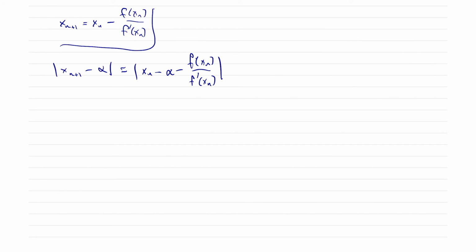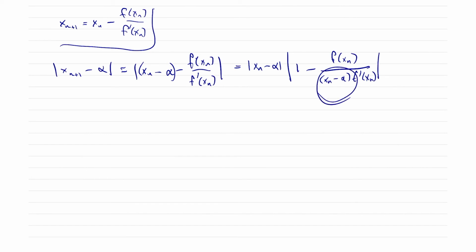And something I can do is factor out this term here, and I basically get the absolute value of x_n minus alpha times 1 minus f of x_n divided by x_n minus alpha times f prime of x_n. So I factored it out, and since we now have a term on the second bit, we ended up putting in a denominator.